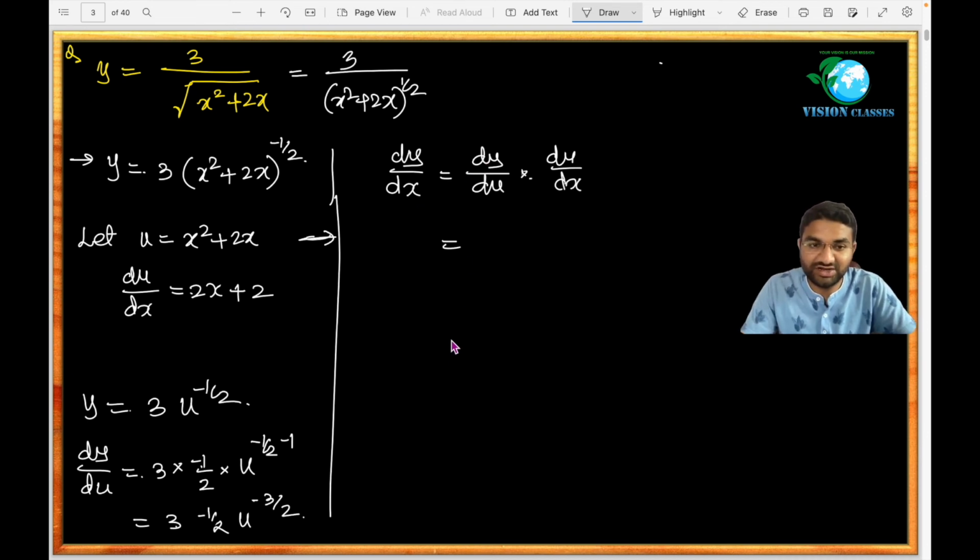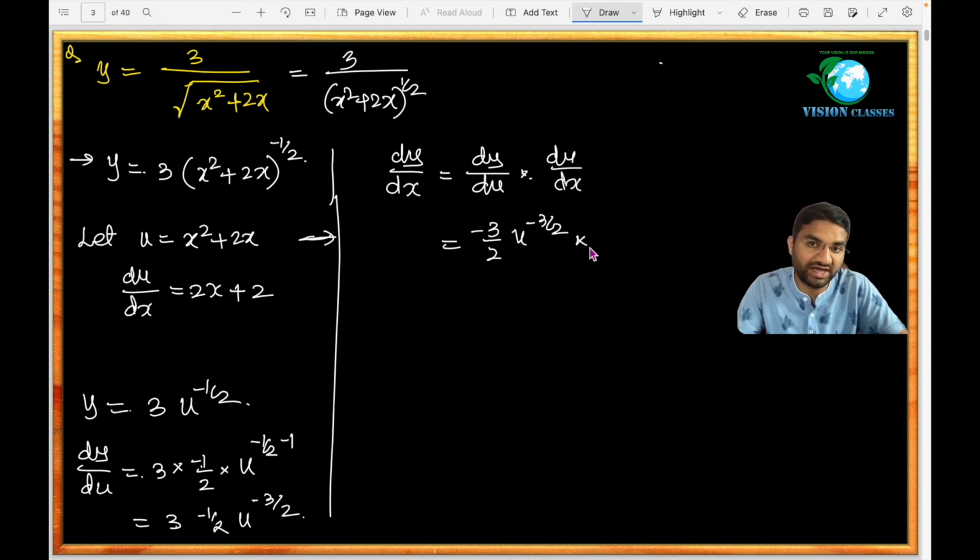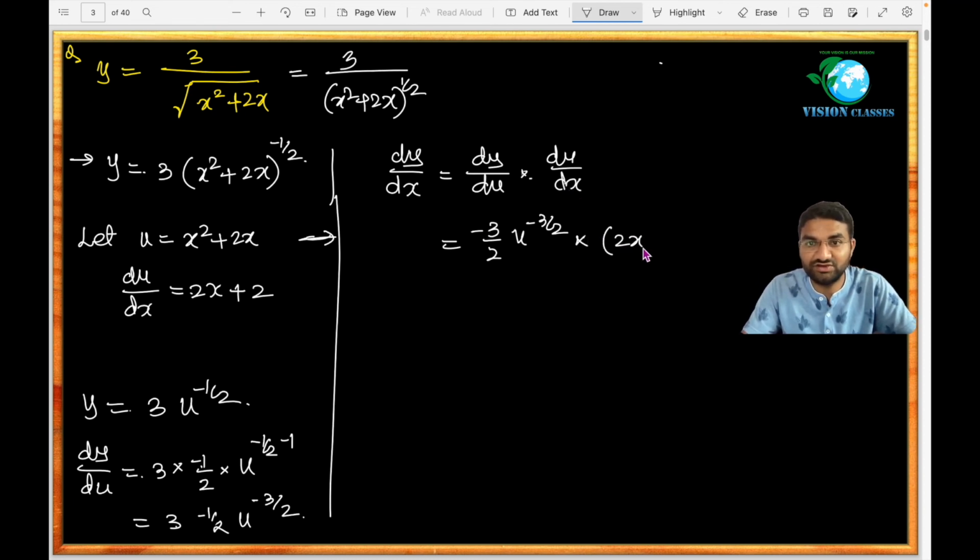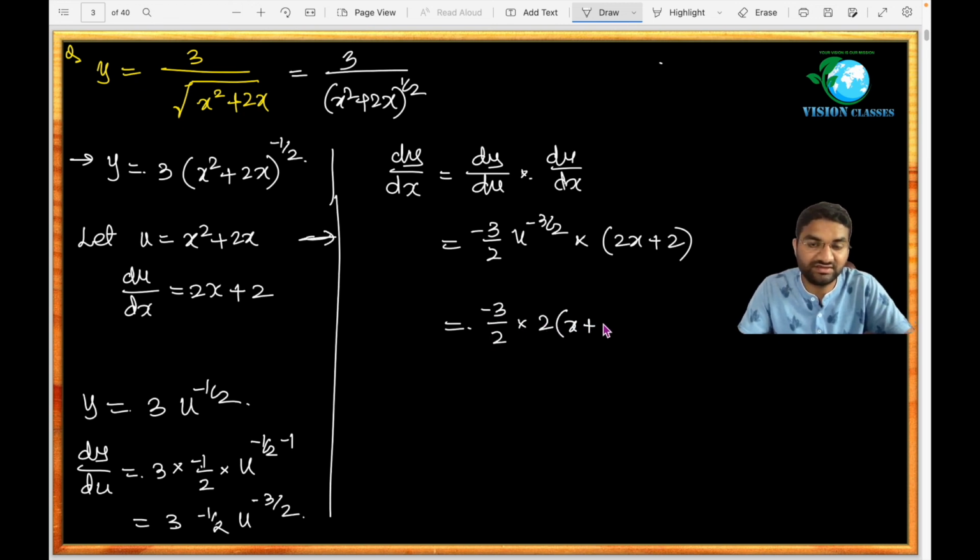So put in this dy by du, it's negative 3 by 2 u raised to negative 3 by 2 times du by dx, which is 2x plus 2. Then you can take out 2 here and simplify it further, negative 3 by 2 times 2 times x plus 1.